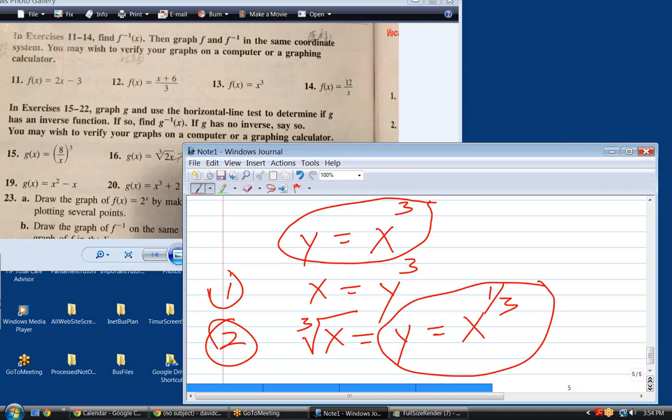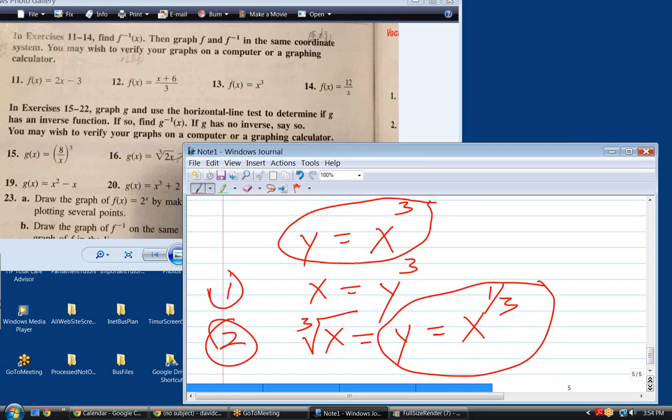The other thing that's worth knowing about inverses is that an inverse function undoes whatever the function was doing. Our original function, we were cubing x. Well, if I wanted to undo that, I would take the cube root of x.